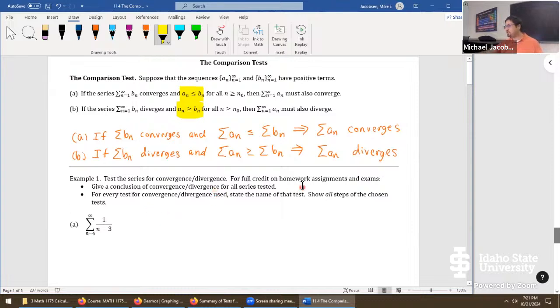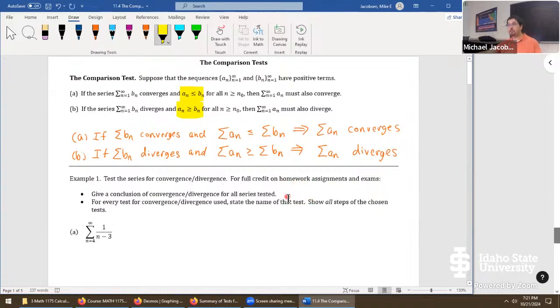Example 1 says, test the series for convergence or divergence. I've been putting this on the lecture notes as well as the homework sets just as a reminder. The way these things are graded is a point for saying the final conclusion, convergence or divergence, but that's going to be for all series tested. Because we're doing a comparison test, we're actually testing 2 series at the same time.